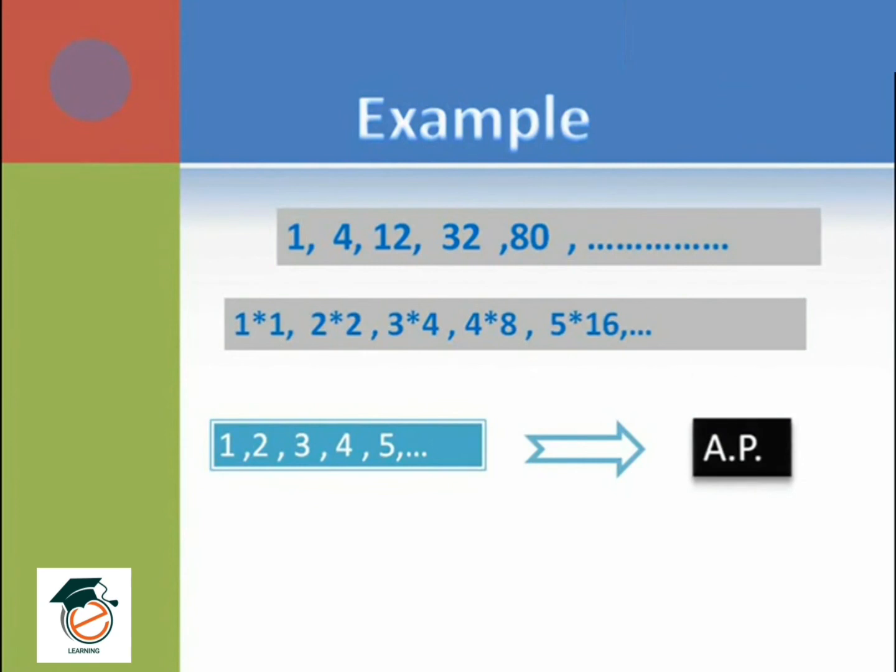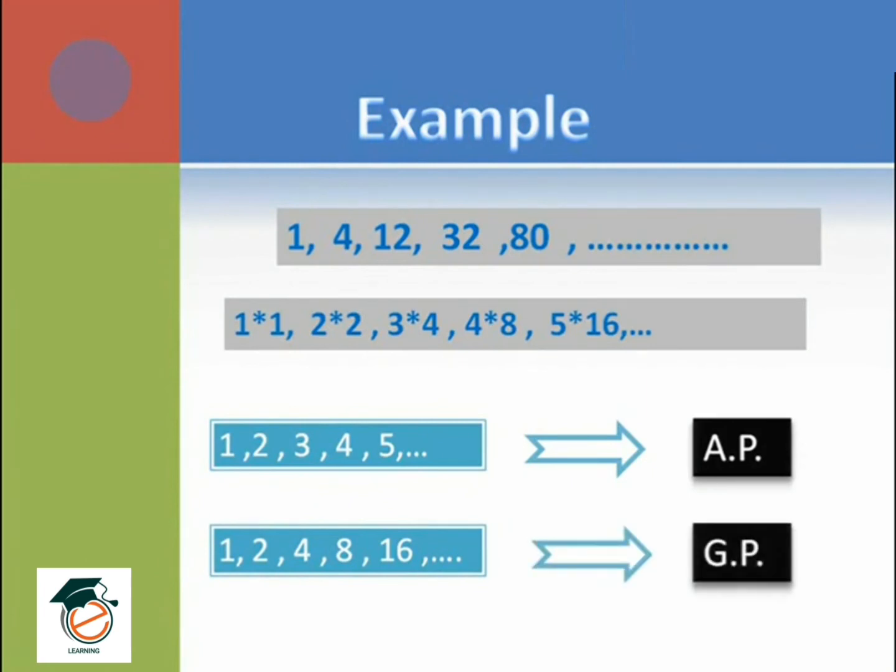Similarly, we take the second terms and they are 1, 2, 4, 8, 16, and all these terms are in GP. Thus all these terms are actually the product of corresponding terms which are in AP and in GP. And so this series is an example of arithmetico-geometric series.